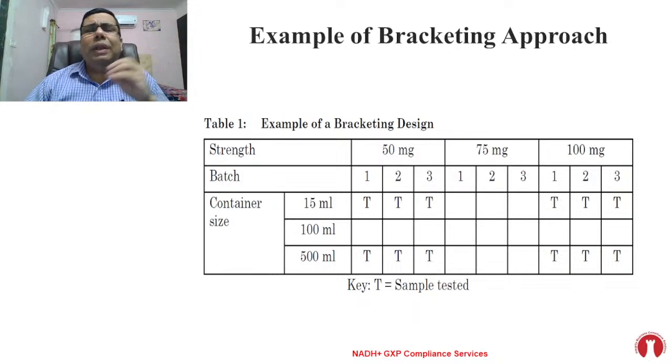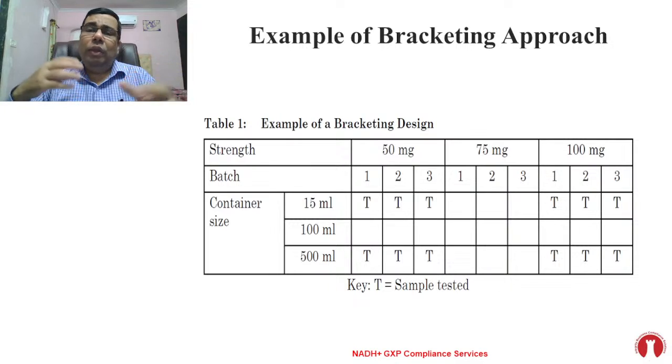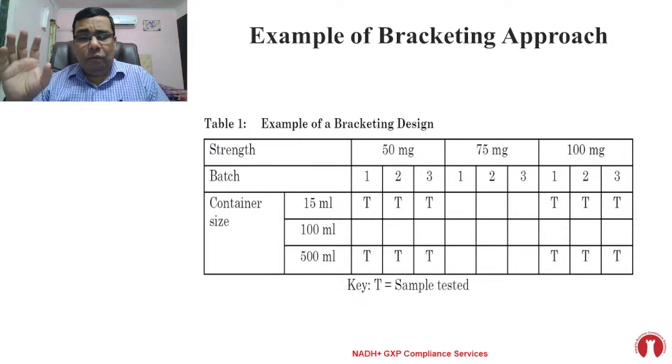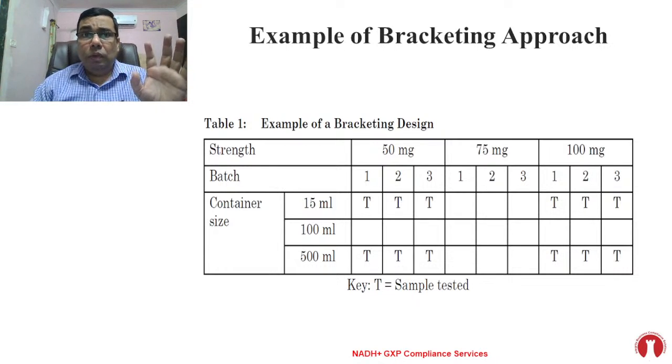If they have multiple strengths and you are performing stability studies for submission to the regulatory agencies, then this approach is widely accepted by the regulatory authorities when you are having this bracketing approach, and you can reduce the testing. Very, very clear. Bracketing is widely followed approach.